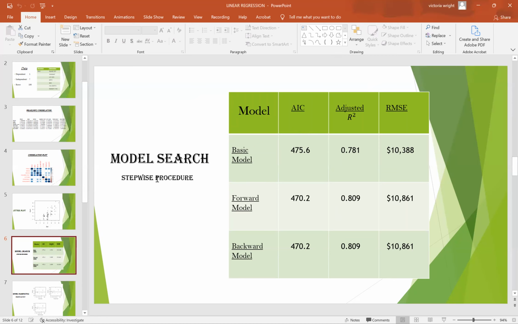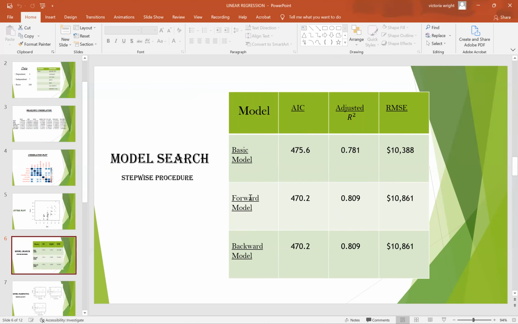In the stepwise procedure, I use backward and forward models to approach a good model for predicting the price. Like you see over here, the basic model means the model has all the predictors in the model.